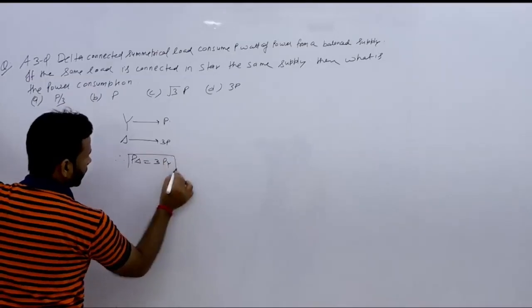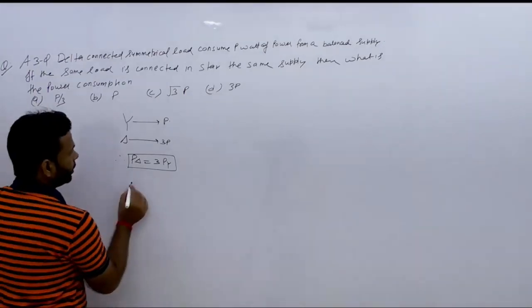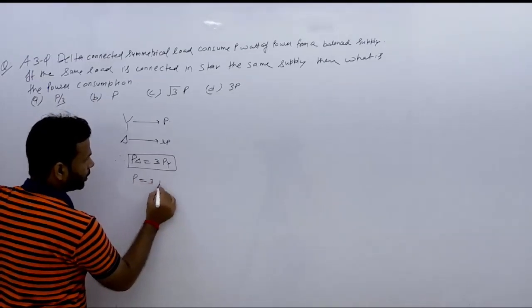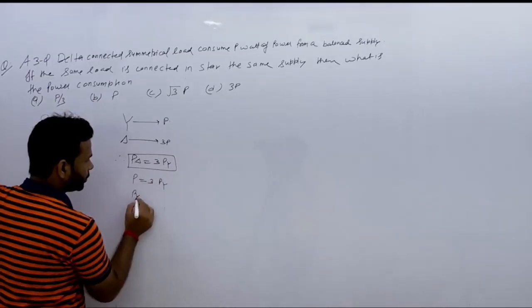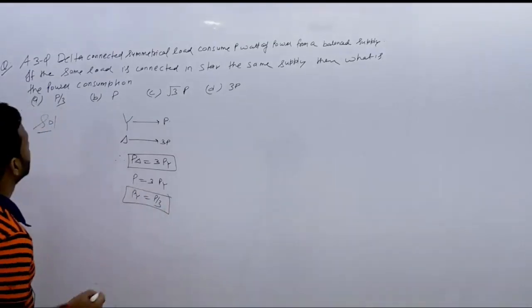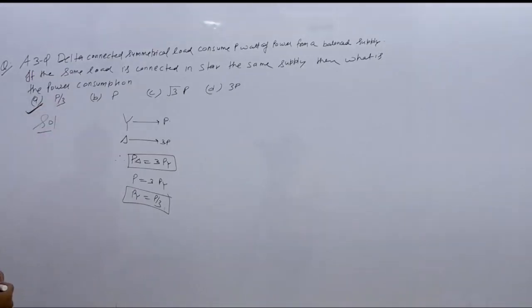This is the formula that I have given to you. In delta the load is consuming P watt, then P is 3 into P star. So P star is equal to P/3. So option A is correct for this question.